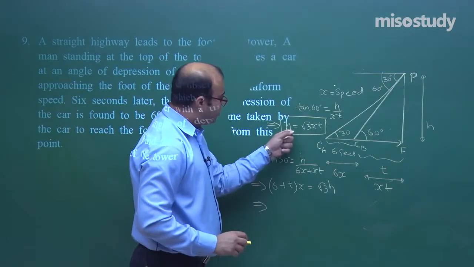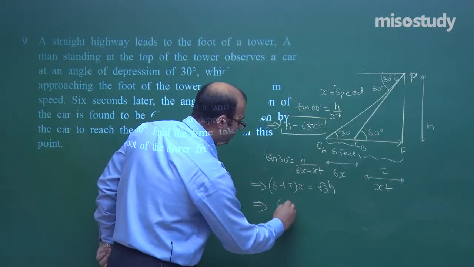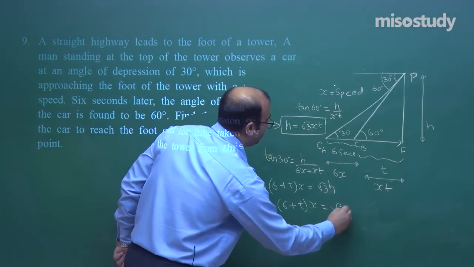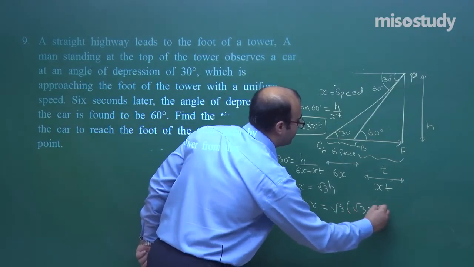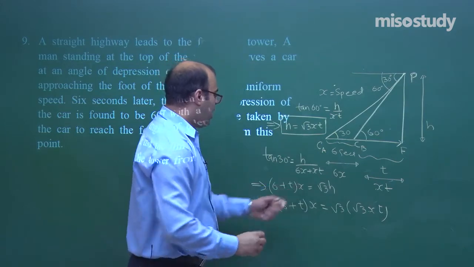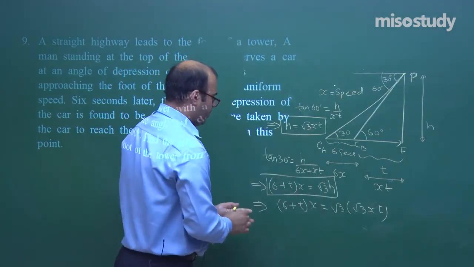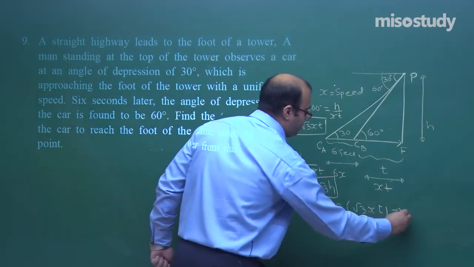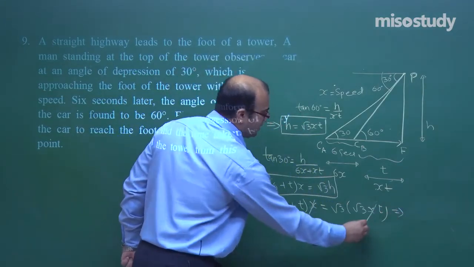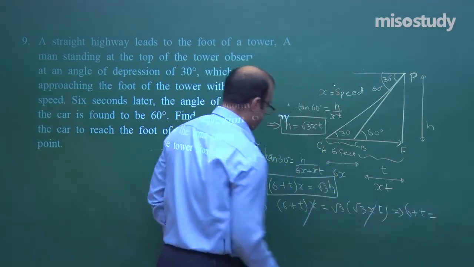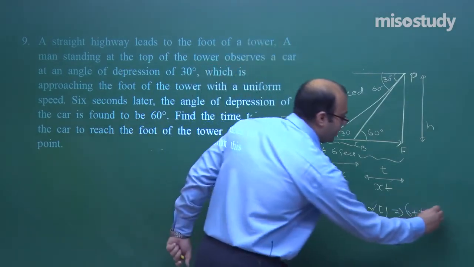Now we know that h is root 3xt. So what we can do, 6 plus t into x is equal to h, which is root 3xt. So we have used this equation, and in this equation we substituted h as root 3xt. So what do we get next? Since x cancels, this becomes 6 plus t is equal to root 3 into root 3, that is 3t.